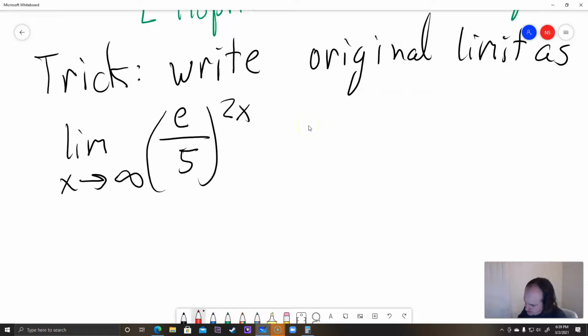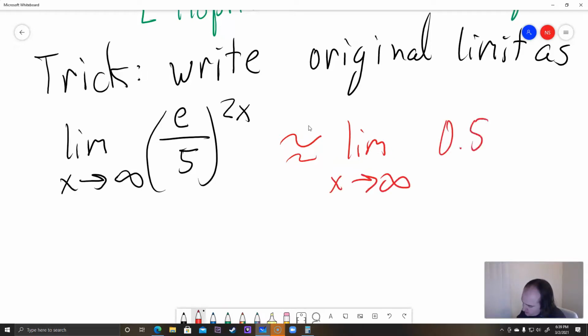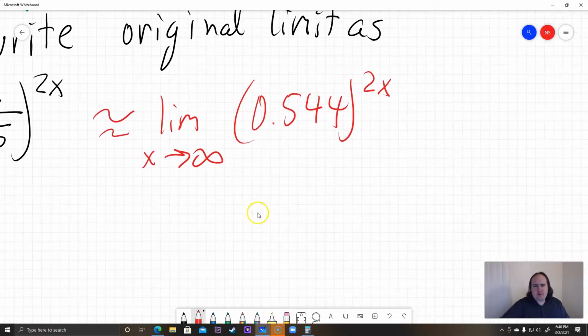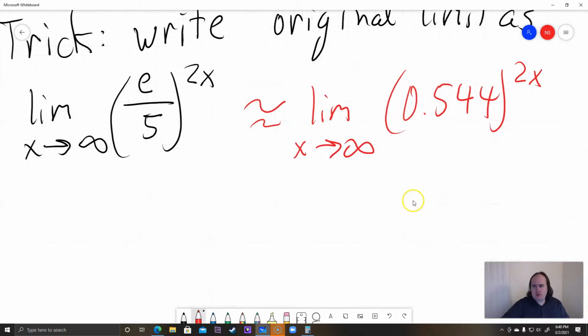So this is approximately the limit as x goes to infinity of 0.544 to the 2x. Now what happens when you raise a decimal between 0 and 1 to infinity? What it actually becomes is that it goes to 0.